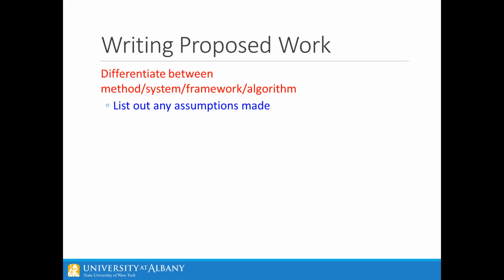We also need to list out any assumptions we make. Sometimes when we're describing a work, we say that we assume this for this system or for this application. Let's say you're developing a mobile app which is communicating with a backend server, so the assumption could be that we assume that the communication channel between this mobile app and the backend server is encrypted and secure.